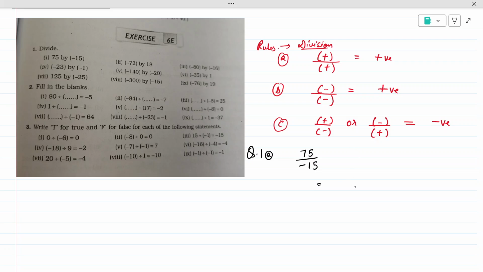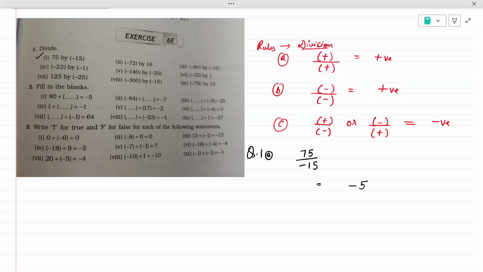So the answer will also be a negative number, because we have seen if we divide any positive number with a negative number, the answer will be a negative number for us. So here also the answer will be negative, and then the general division we have to do. We have to divide 75 with 15 and the answer is 5 here. So the answer of this expression is minus 5.